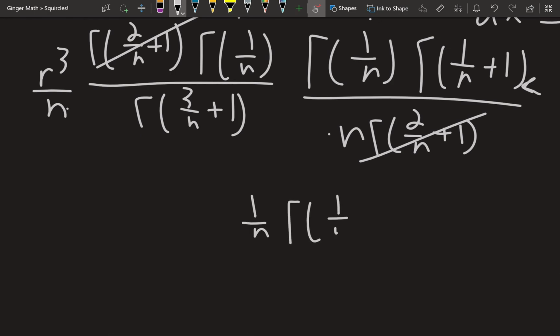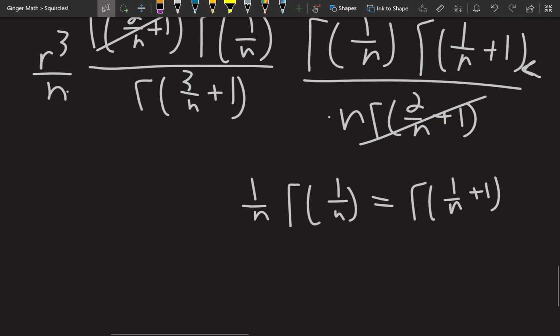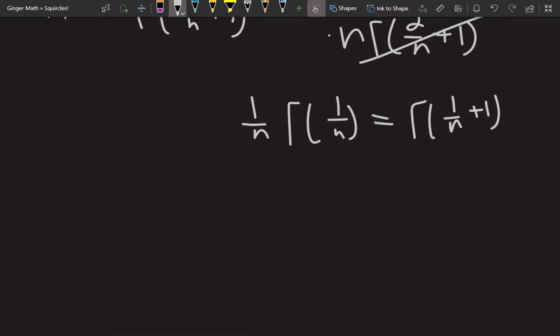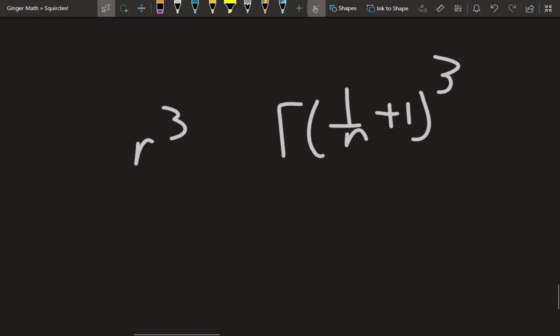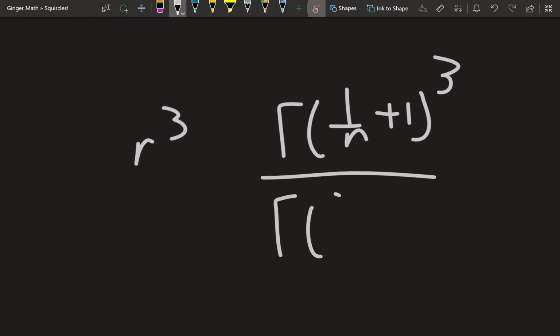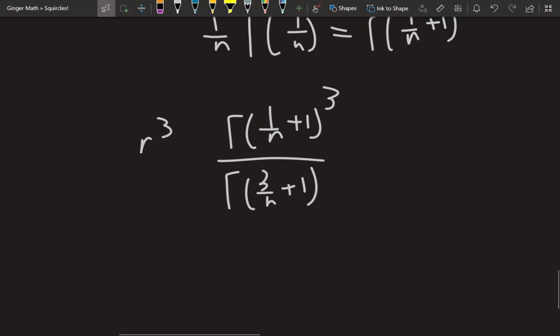So basically, we have a 1 over n times a gamma of 1 over n, meaning that this is just gamma of 1 over n plus 1. We sub that in twice, right? And we end up eliminating the n's on the denominator, and we end up getting an r to the 3rd, gamma of 1 over n plus 1 to the 3rd power. The reason for that is because we have 1, 2, 3. Not so bad. And then we have a gamma of 3 over n plus 1.